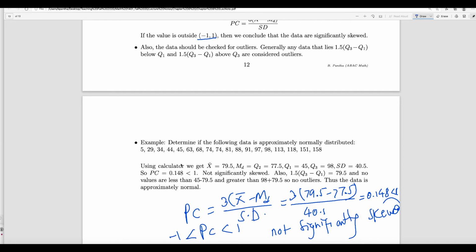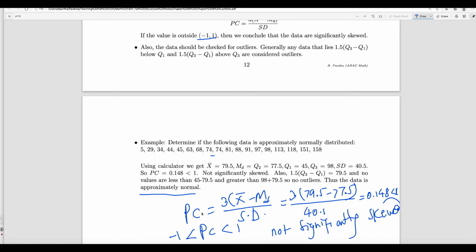So what we can conclude is that this data is approximately normally distributed, because Pearson's coefficient of skewness is between -1 and 1 and there are no outliers.